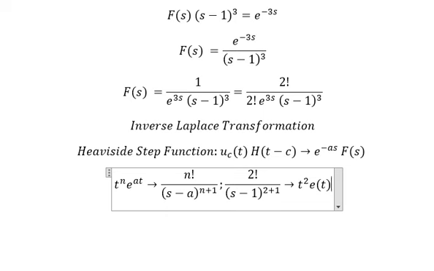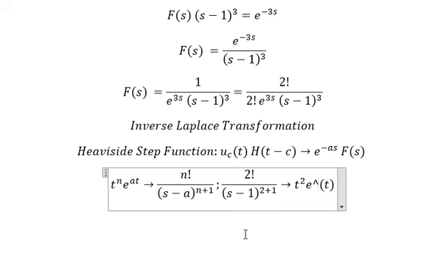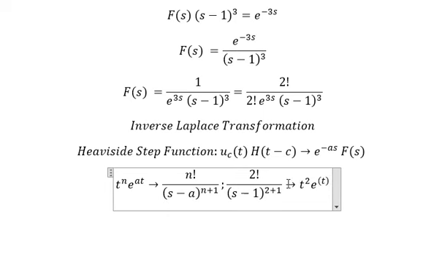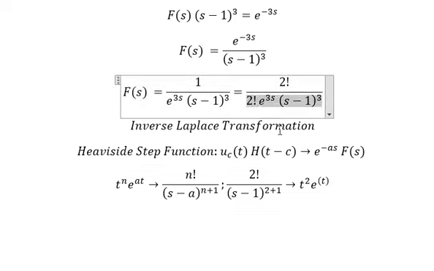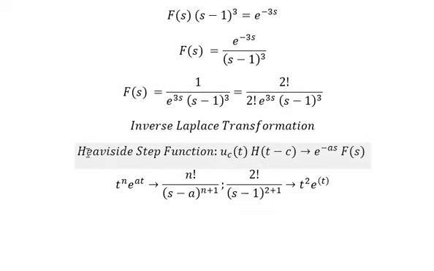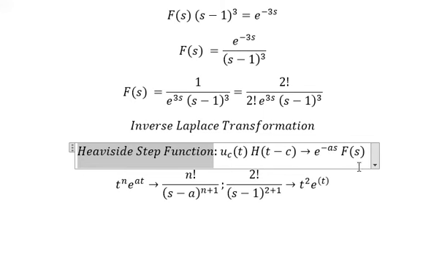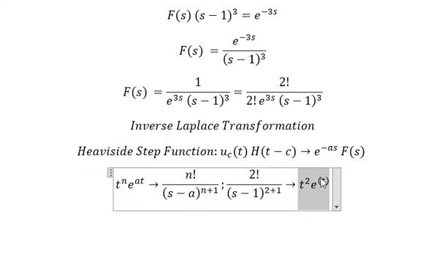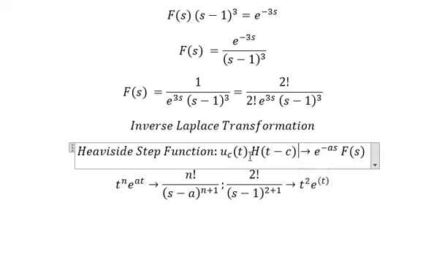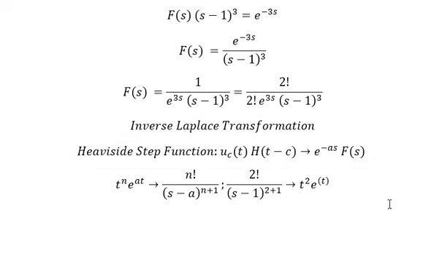So we have t in here. Because we have 2 factorial, we keep the same. Now we go to the Heaviside step function. After we transform F of s, from here we need to transform this one into this one, and you got the final answer.